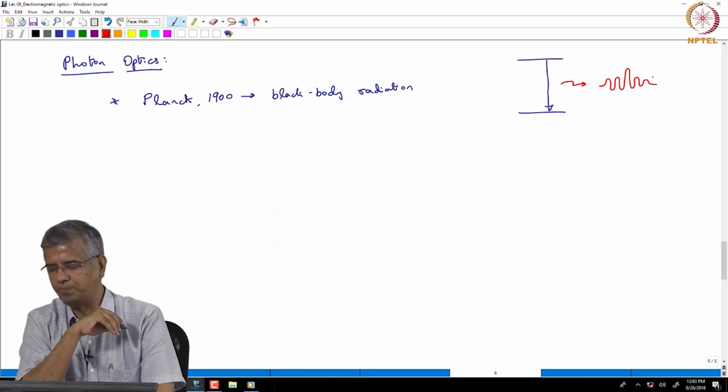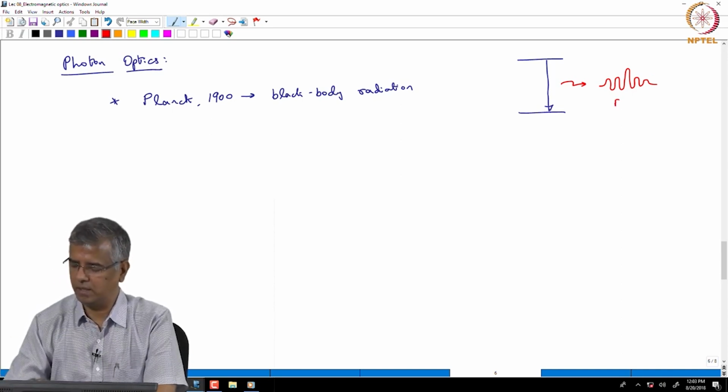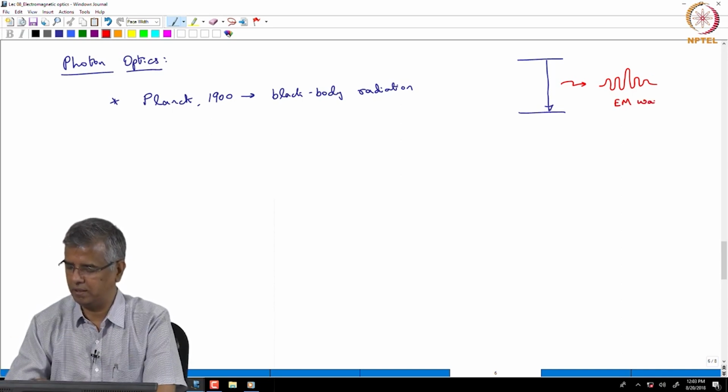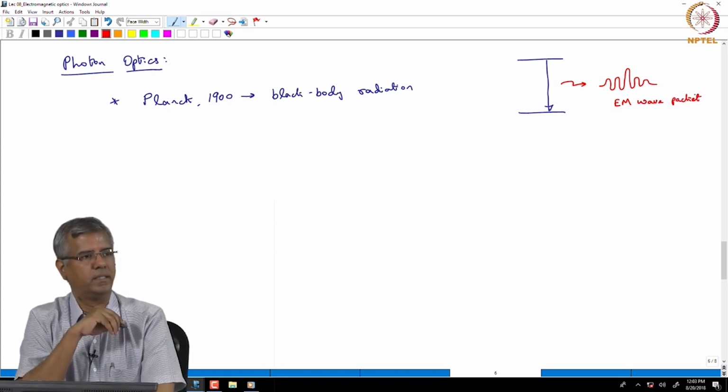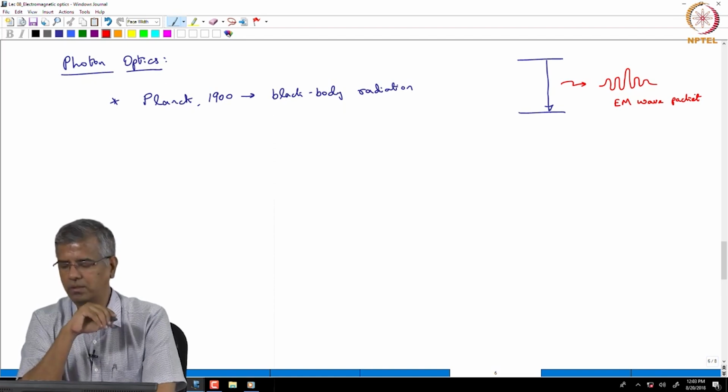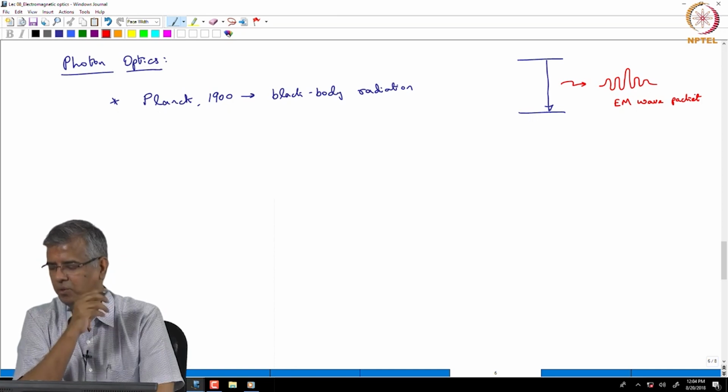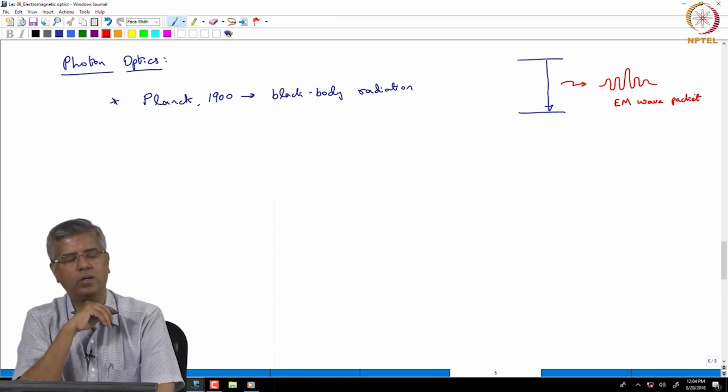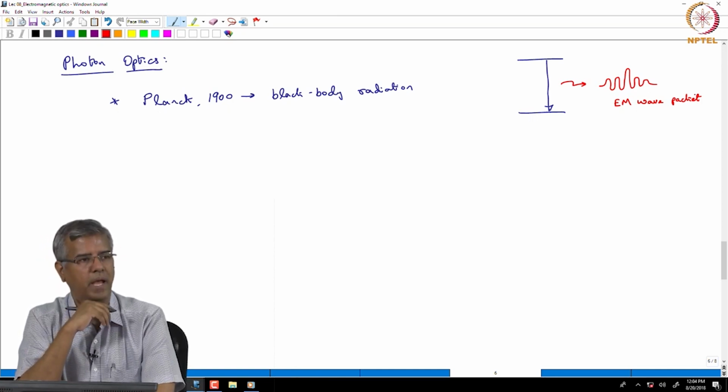Okay. So, this electromagnetic wave packet is one of those fundamental explanations for how we view black body radiation.